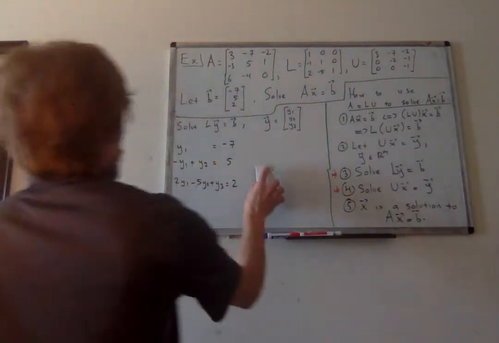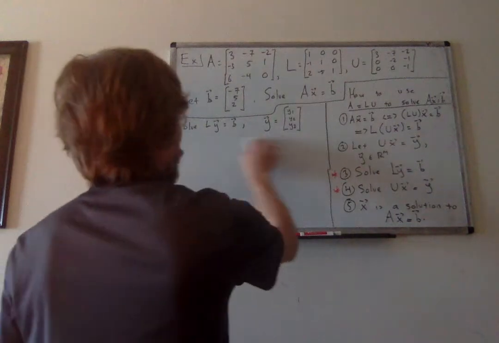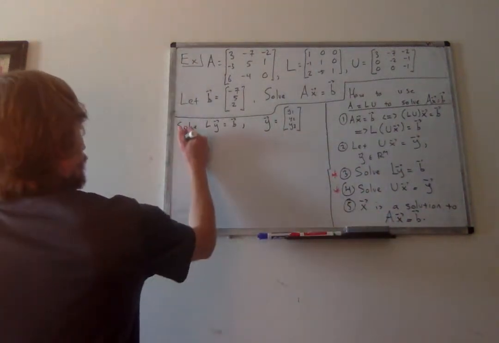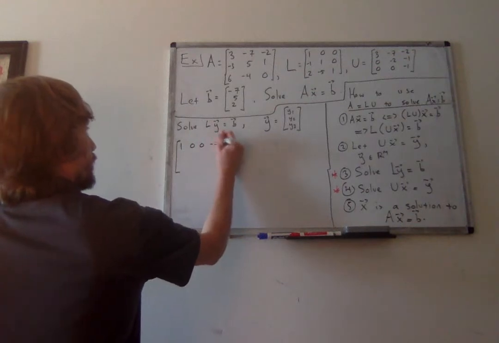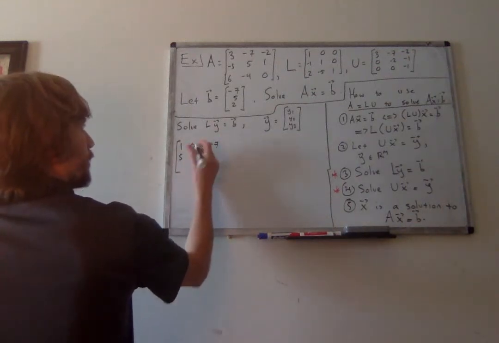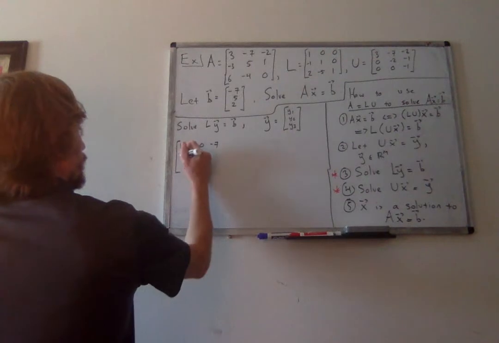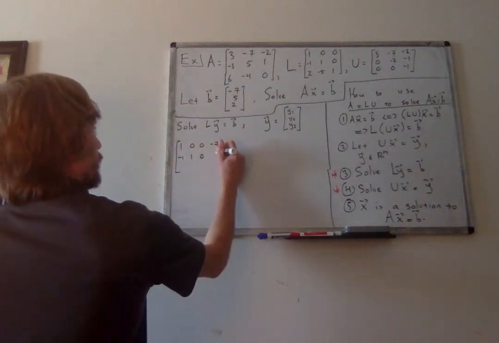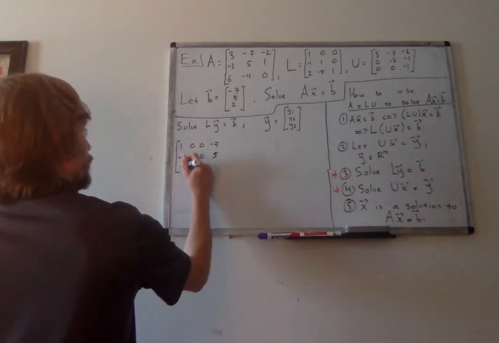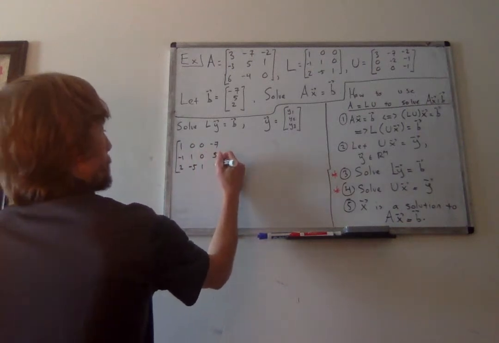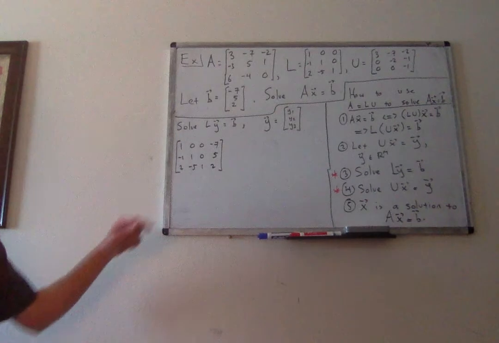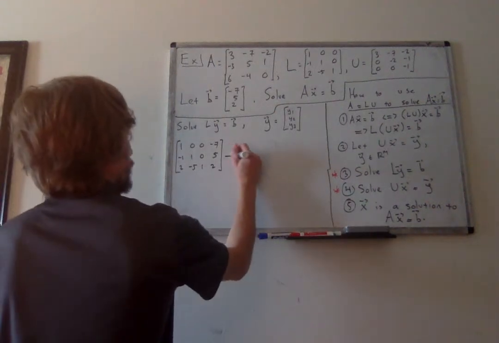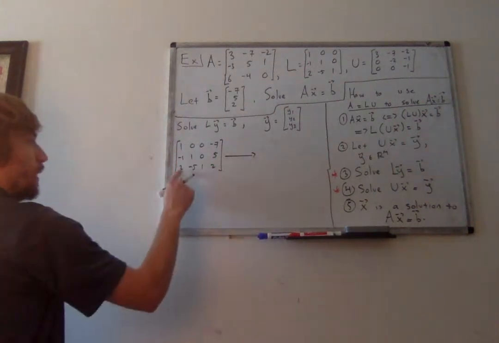So notice, if I set up the augmented matrix for this matrix equation, I get 1, 0, 0, -7, -1, 1, 0, 5, and 2, -5, 1, 2. And so what I can do now is use 3 row reduction steps. So first I'm going to clear out here below.